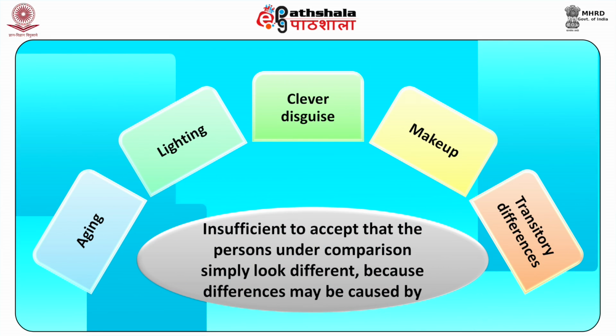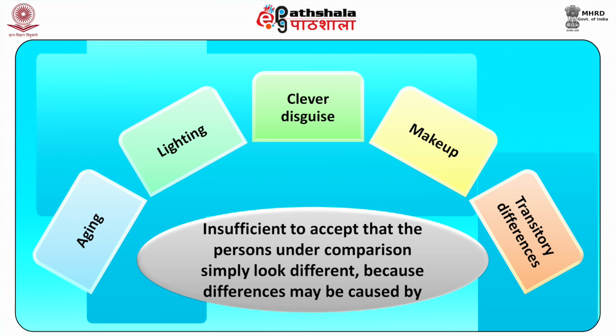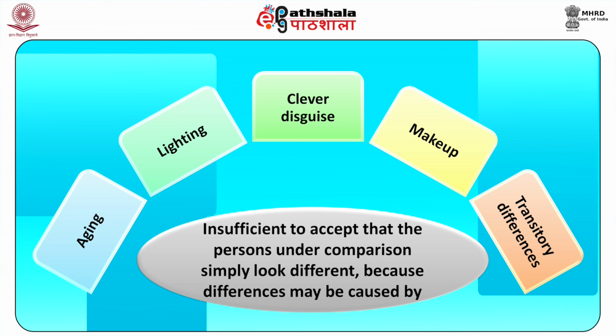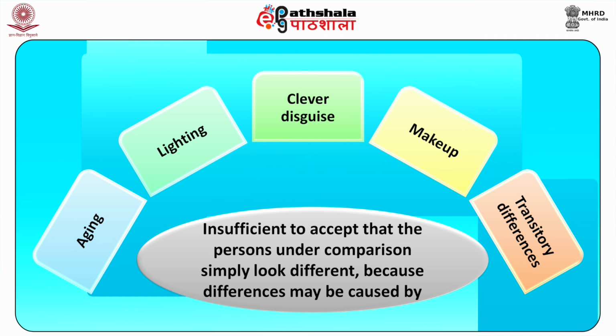It is insufficient to accept that the persons under comparison will simply look different, because differences may be caused by aging, lighting, clever disguise or makeup, as well as transitory differences such as changes in hairstyle. If no clear and obvious differences are identified, the next stage is to compare carefully each visible facial landmark on as many images as possible, or as many images as have been obtained.